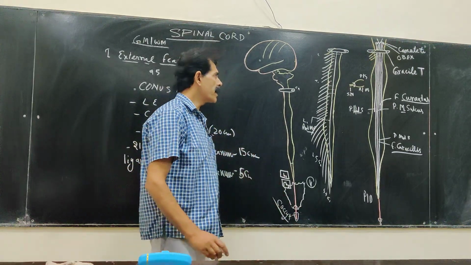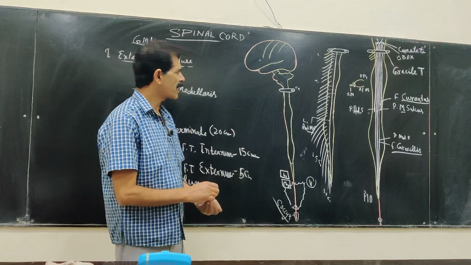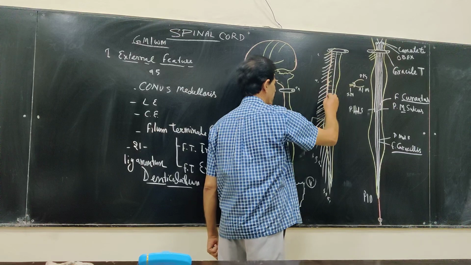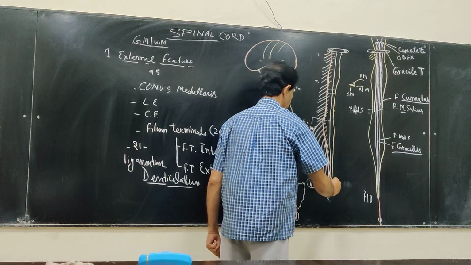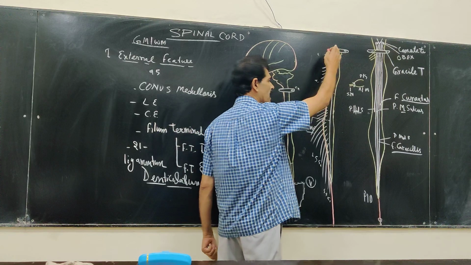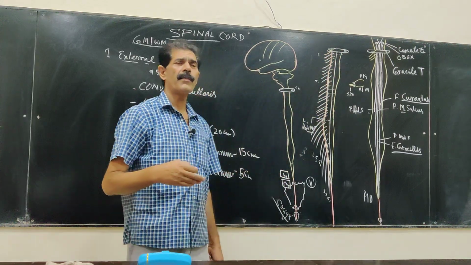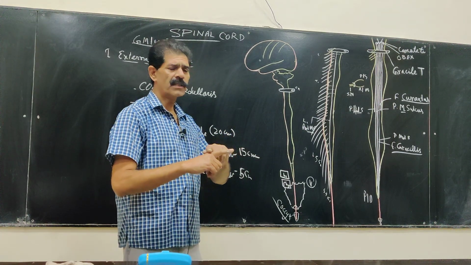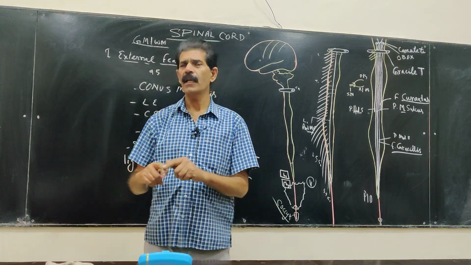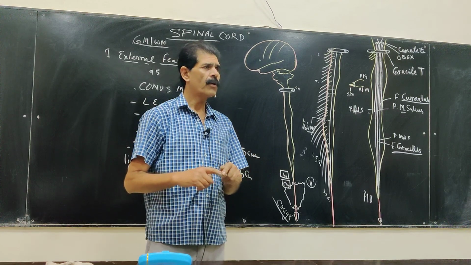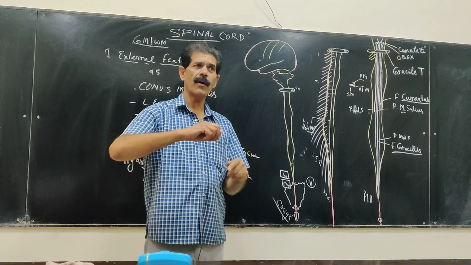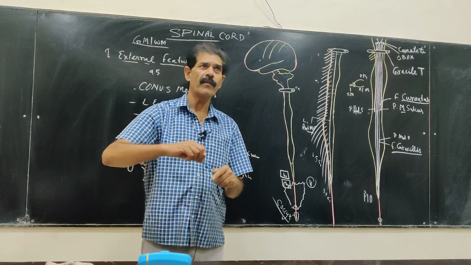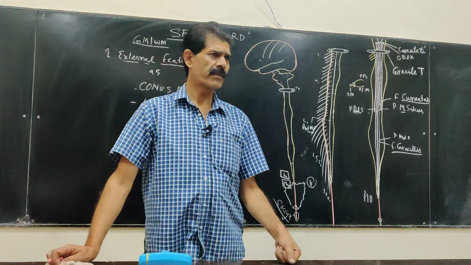So what is this ligamentum denticulatum? Actually, it is the extension of the pia mater. As the pia mater invests the whole of the spinal cord till the filum terminale, and as the spinal nerves are coming out from the surface of the spinal cord, and we know the surface of the spinal cord is attached with the delicate pia mater, when the nerve comes out of the spinal cord, it drags some part of the pia mater along with it for some distance.